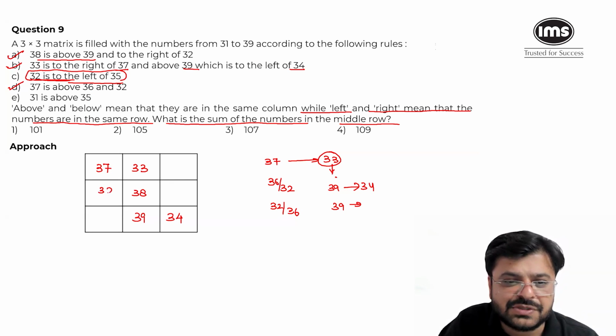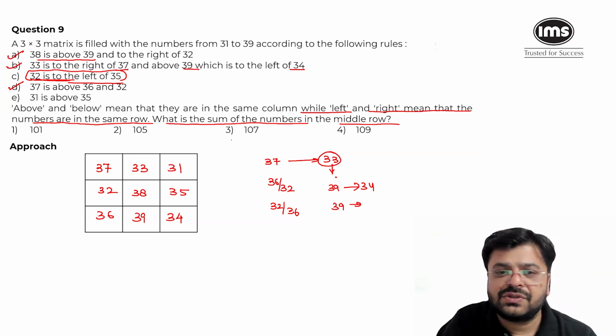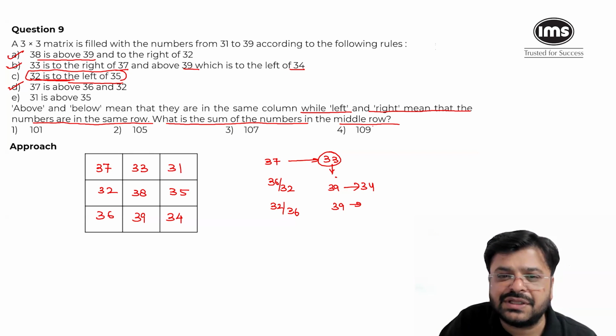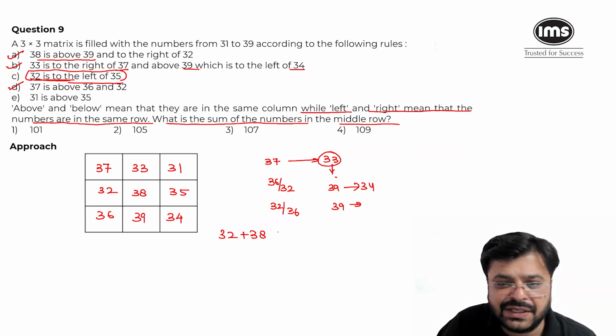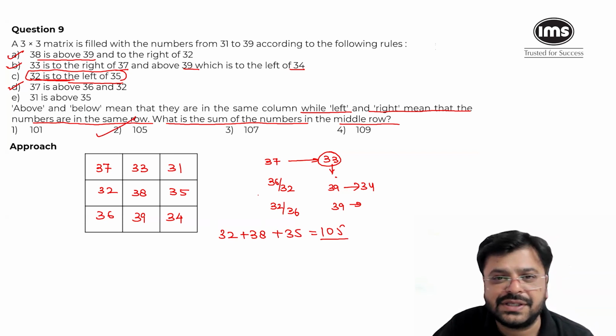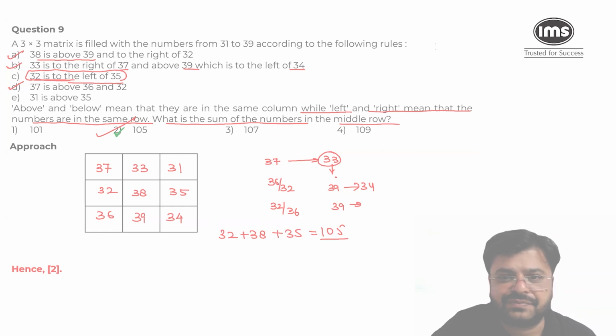So 32 must be here and 35 will be here. That means 36 is here and 31 is here. So the question is, what is the sum of the numbers in the middle row? The sum is 32 plus 38 plus 35, which is equal to 105. So option B is the right answer.